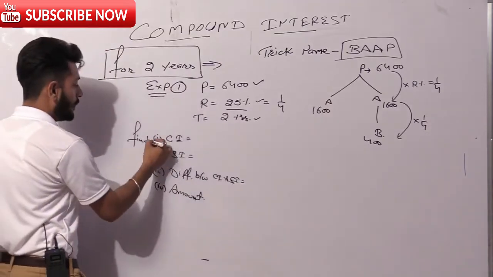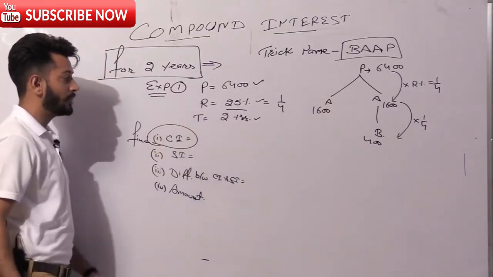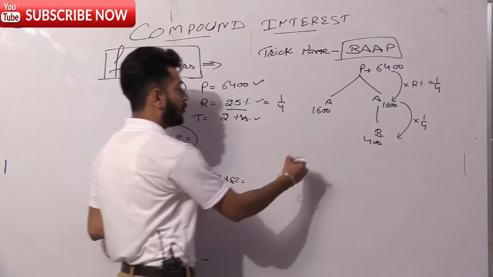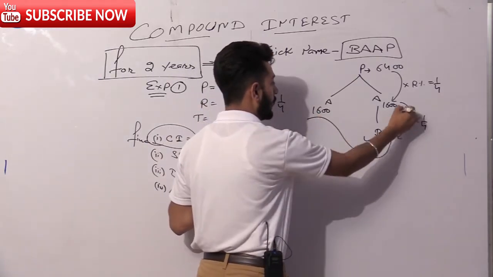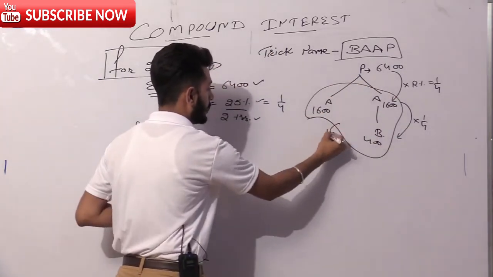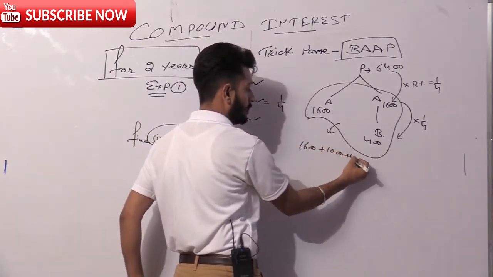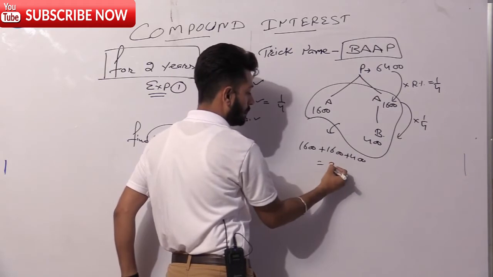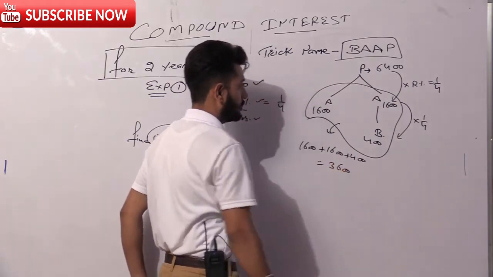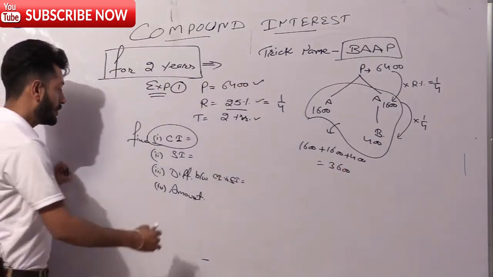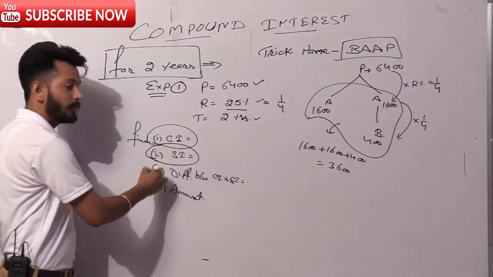First question is to find the value of compound interest. As we have discussed earlier, to find the value of CI, we have to add these values. It becomes 1600 plus 1600 plus 400, which becomes 3600. Second question is to find the value of simple interest.